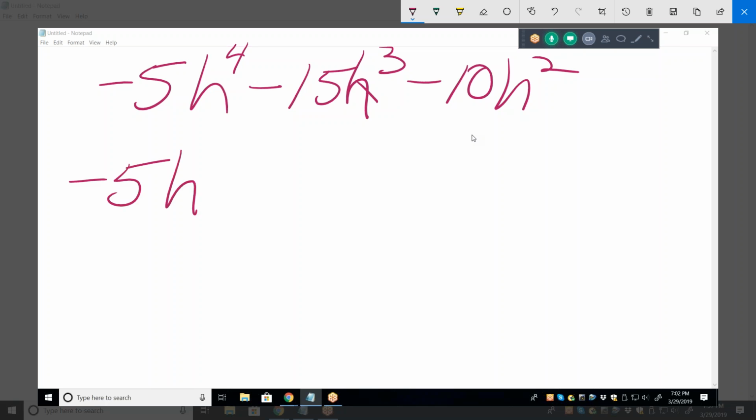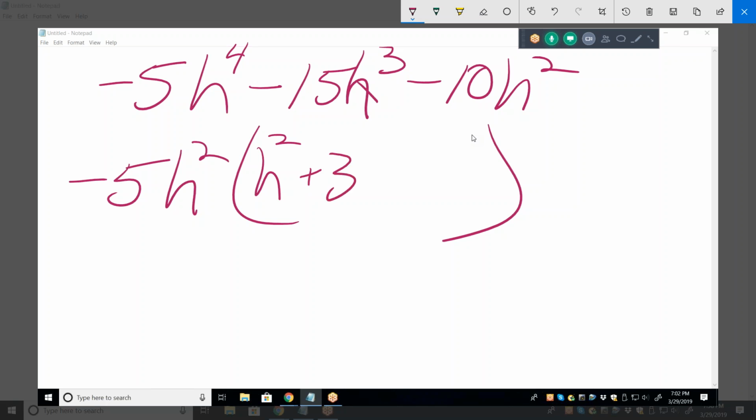Perfect. And what that's going to leave behind is a normal quadratic. What is it? H squared plus 3h plus 2. Hold on. Check as you go. If I do plus 3h, does that produce minus 15h cubed? Yes, it does.